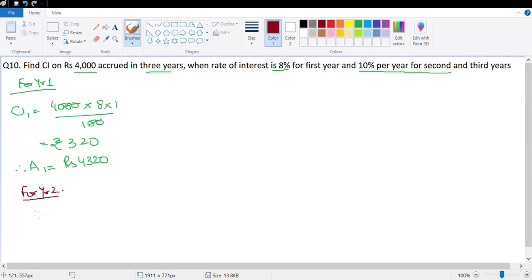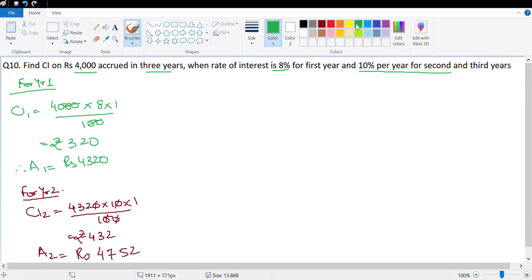For year 2, compound interest would be equal to 4320 into 10 into 1 upon 100, which is equal to rupees 432. So amount at the end of second year would be equal to rupees 4,752. Right? That's correct.